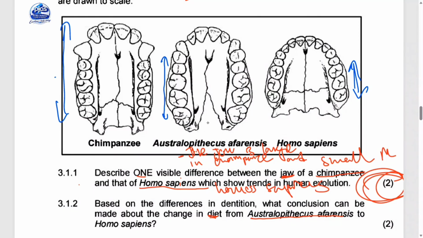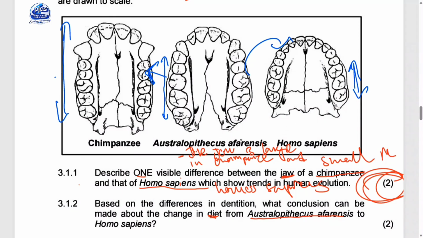So meaning that now, the jaw of Australopithecus afarensis is smaller when we compare it to the chimpanzee, right? We say the jaw is smaller than that of the chimpanzee but larger than that of the Homo sapiens.